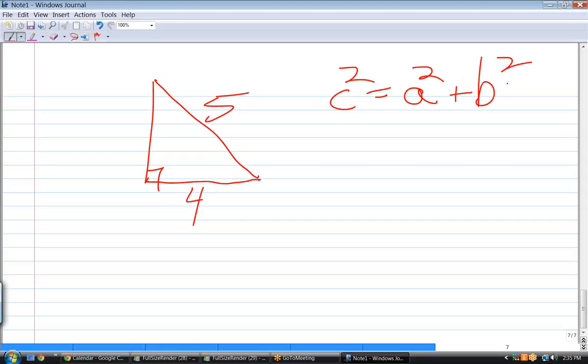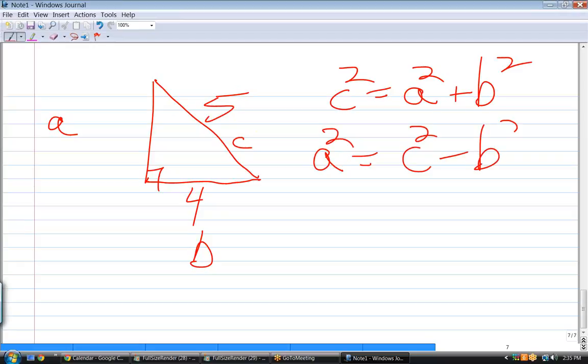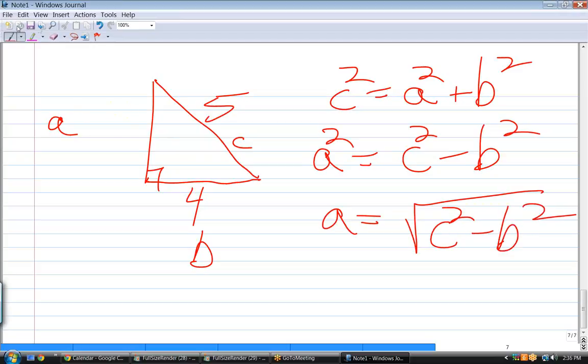Well, if I solve this equation, and I'm going to call this A, this B, and this C. If I solve this equation for A, I get A squared equals C squared minus B squared, or A equals the square root of C squared minus B squared. That's the only other situation you have, is where you know the hypotenuse and you know one of the short sides. And so to solve for the other short side, use this.